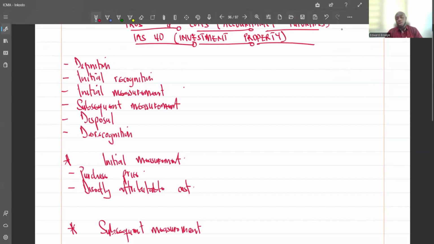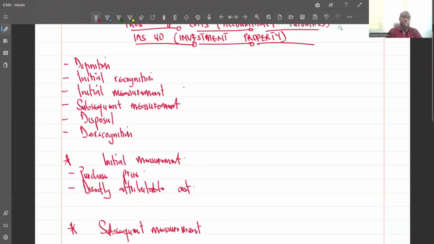Investment property also have two models, which is the cost model again, and what? And the fair value model. The cost model and the fair value model. And the cost model, like we said under IAS 16, is just your cost less depreciation and impairment. So it's the same thing which applies here.